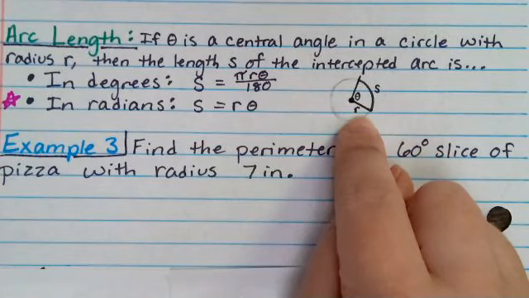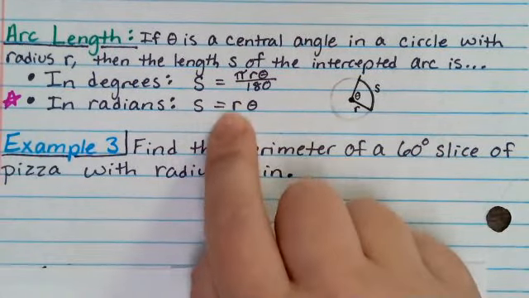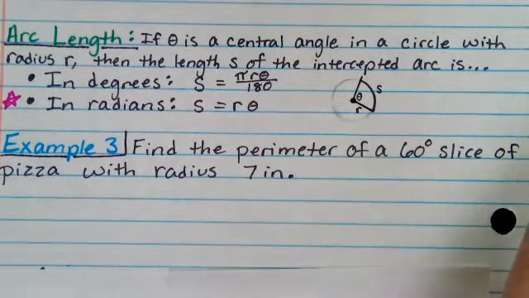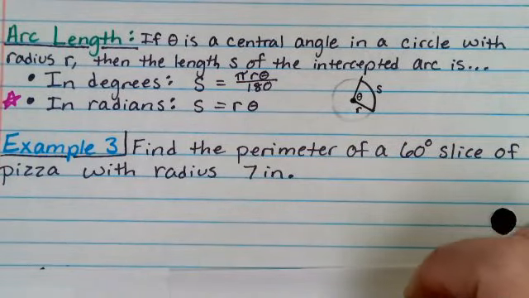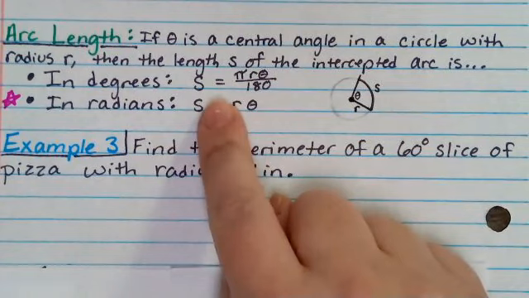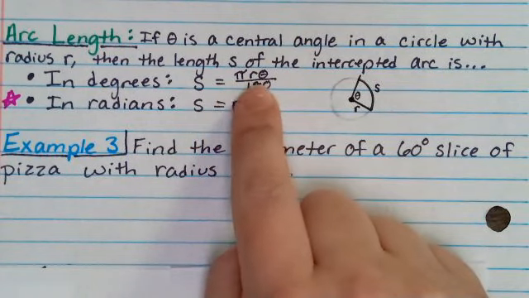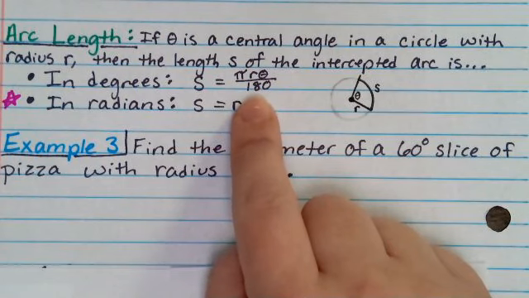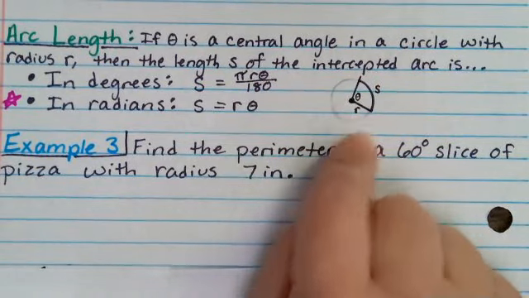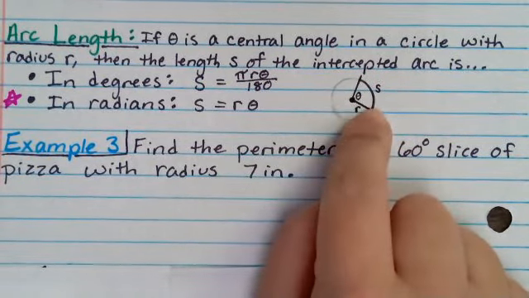The relationship that we actually have is these two different ways, depending on if you're dealing with degrees or if you're dealing with radians. If you're dealing with degrees, we're going to have pi r theta divided by 180 degrees, right? Basically what it does is it's finding a fraction of that circumference, okay?